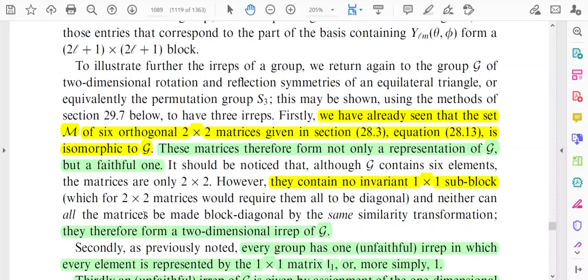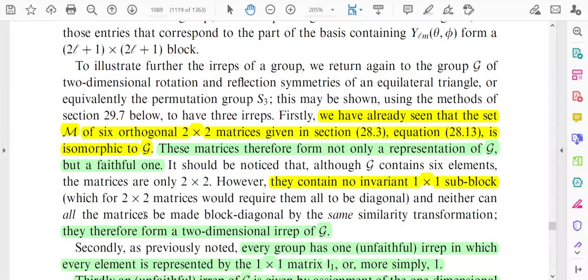It means that a particular representation can be separated into two representations: one a 2 by 2 matrix and the other a 1 by 1 matrix, and that 1 by 1 matrix signifies that the sum of the basis vector is unchanged for a particular application of symmetry.